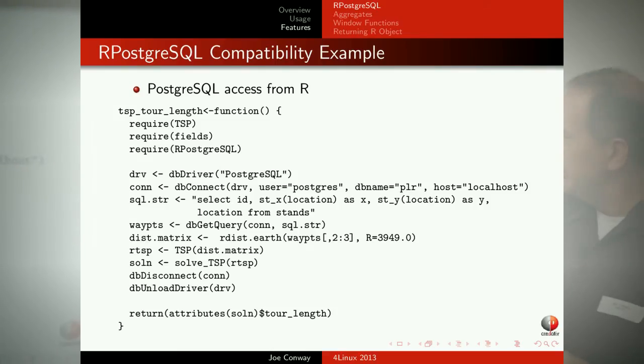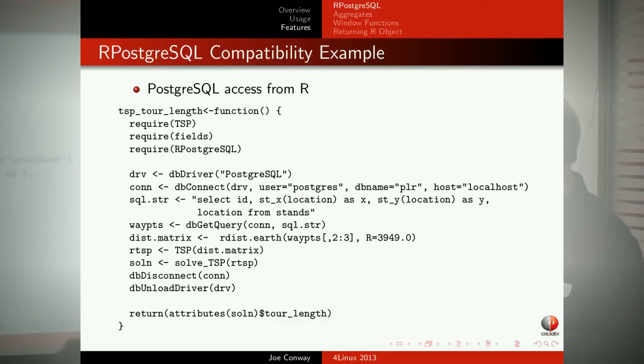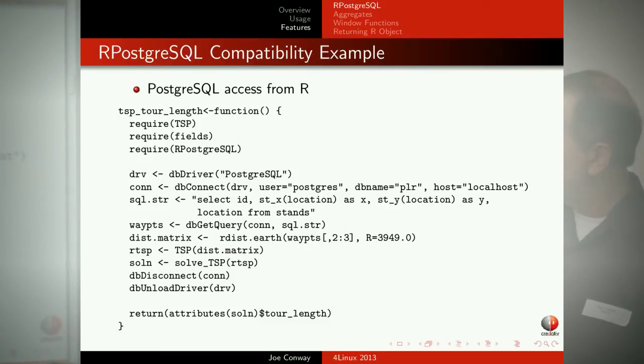So in this case, I'm pulling data from a spatial table on locations, and then I'm assigning those to a variable called waypoints. Waypoints are points along a map. And then I solve the traveling salesman problem right here.